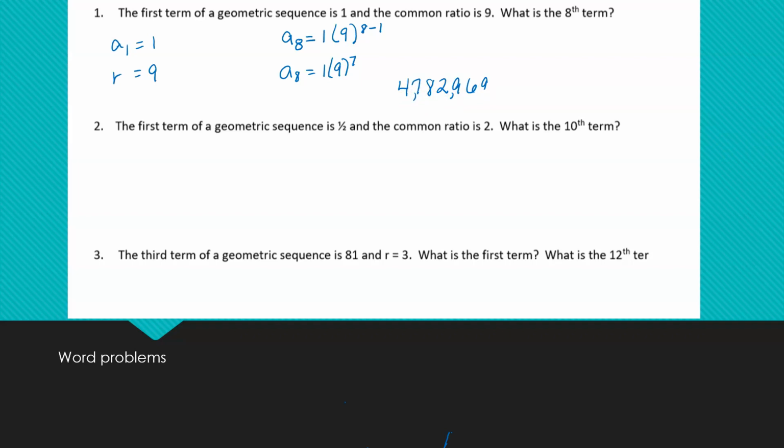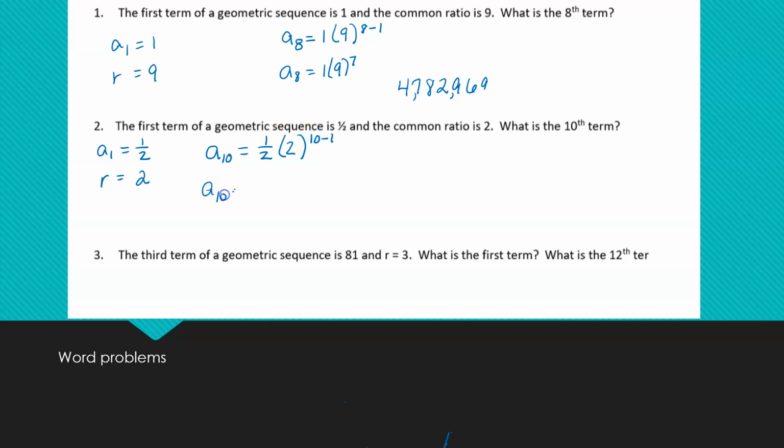Number 2, the first term of the geometric sequence is 1/2, and the common ratio is 2. What's the 10th term? So the first term is 1/2, and the common ratio is 2. So we have a sub 10, which is the 10th term, is equal to 1/2 times 2 to the 10 minus 1 power.